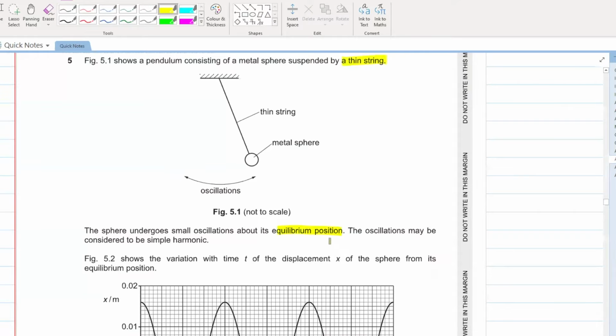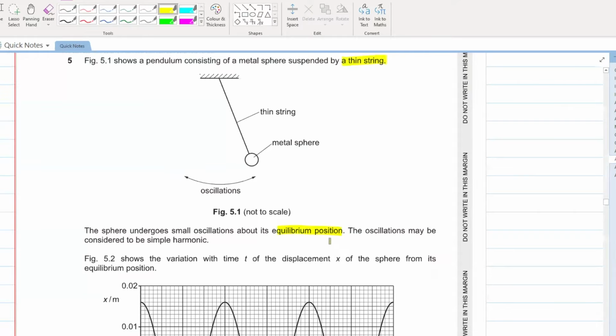Figure 5.2 shows the variation with time t of the displacement of the sphere from its equilibrium position. On figure 5.1, draw an arrow from the center of the sphere to represent the direction of the resultant force acting on the sphere when it is in the position shown. So basically, we have to mark the direction of the resultant force. Where will the resultant force act, beta?